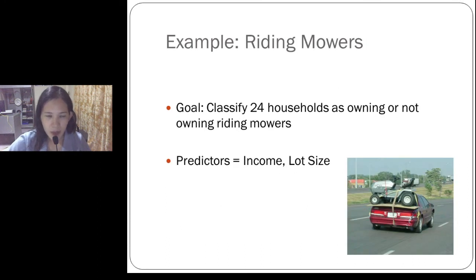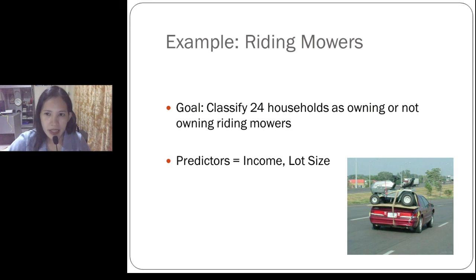Let's have an example using the riding mowers dataset. This is classifying 24 households as owning or not owning riding mowers. The predictors, or the variables, are income and lot size. A riding mower manufacturer would like to find a way of classifying families in a city into those likely to purchase a riding mower and those not likely to buy one.